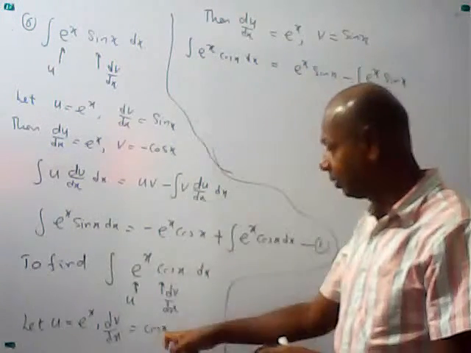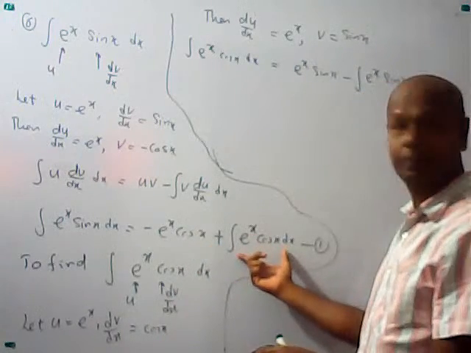Now substitute this in 1 for the integral of e^x cos x.